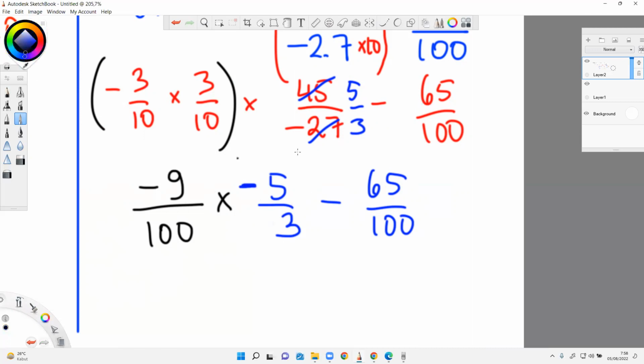So, which first? Multiply or divide? Subtract? Multiply. Right? Can we simplify? Yes, guys, 3 and 9.